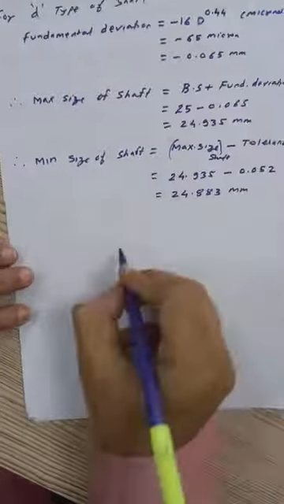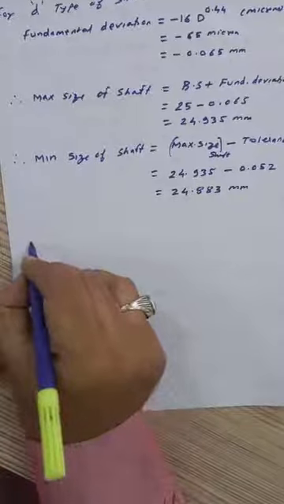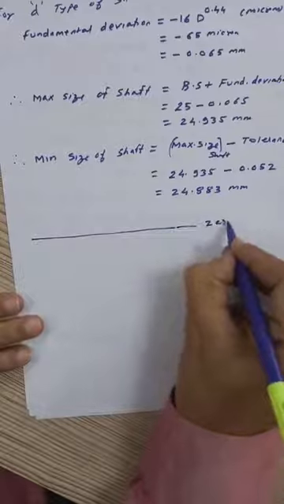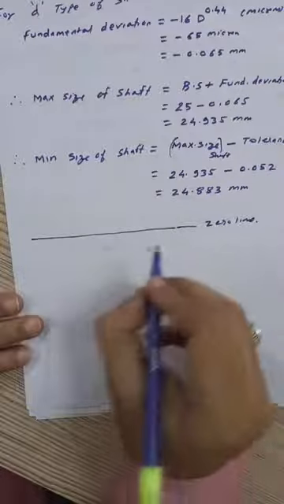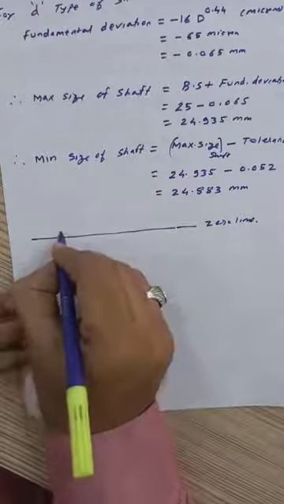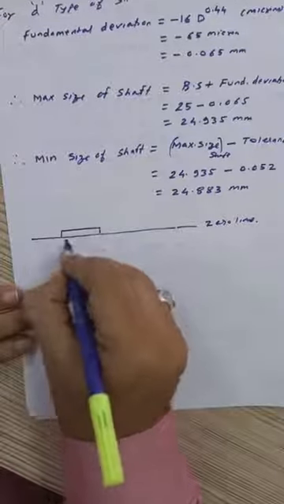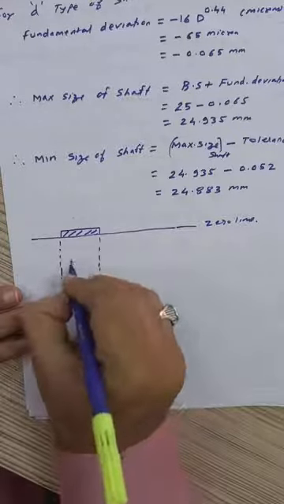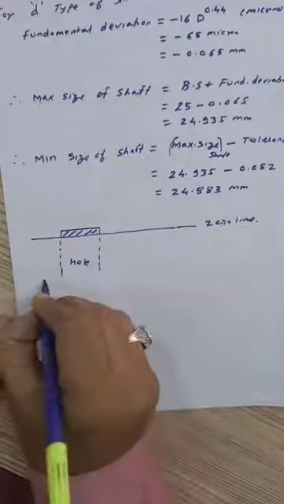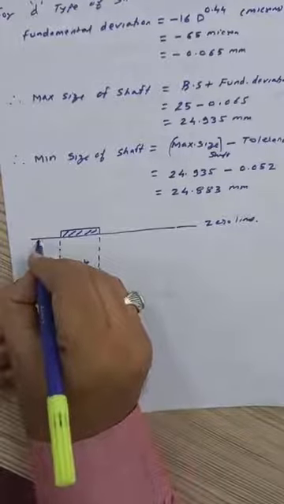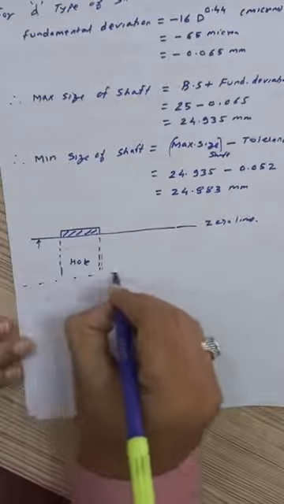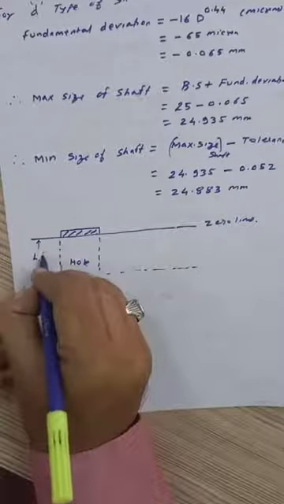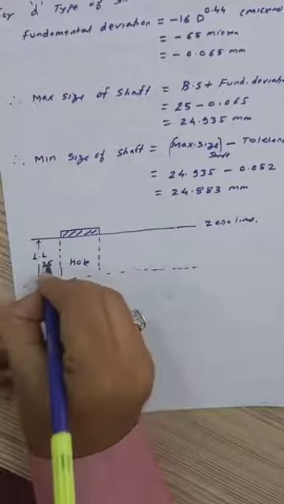Now we'll draw the figure. Suppose this is the zero line, basic size. This is the hole, this is the lower limit of hole, that comes to be 25 mm.